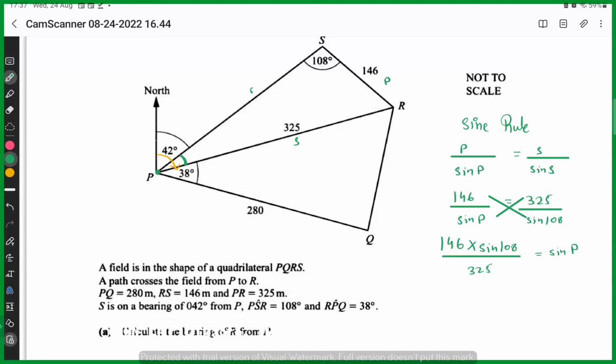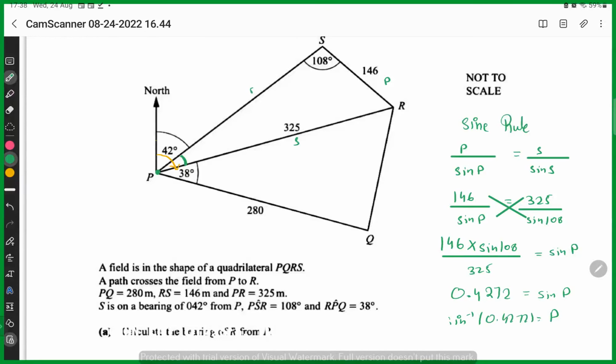Press the fraction button, then 146 multiplied by sine 108, bracket close, because you have a bracket once we talk about sine, cos, tan. Then press the arrow, go to the denominator and write 325. This gives 0.4272 equals sine P. To find P, I'll take sine inverse of 0.4272.